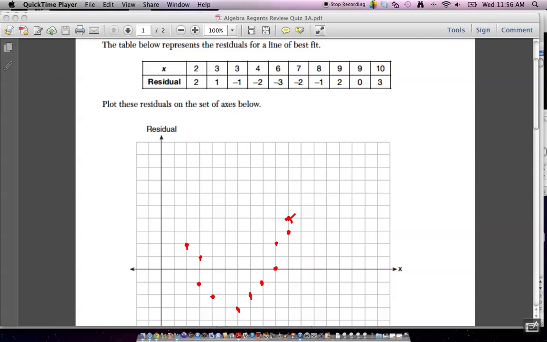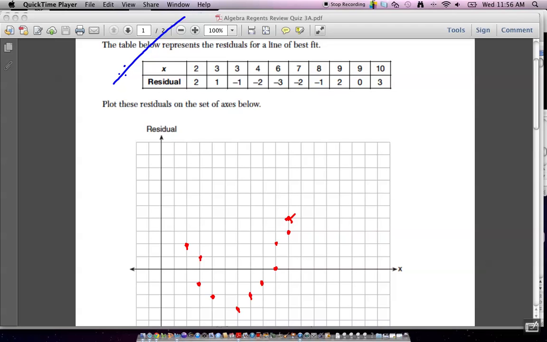It says, using the plot, assess the line of best fit. Okay. This is a poor line of best fit. Now, if it was a good line of best fit, then the residuals would be very small. Do you agree? Remember, residual means, if I drew, here's my line of best fit, residual is how far away from the line of best fit it is.